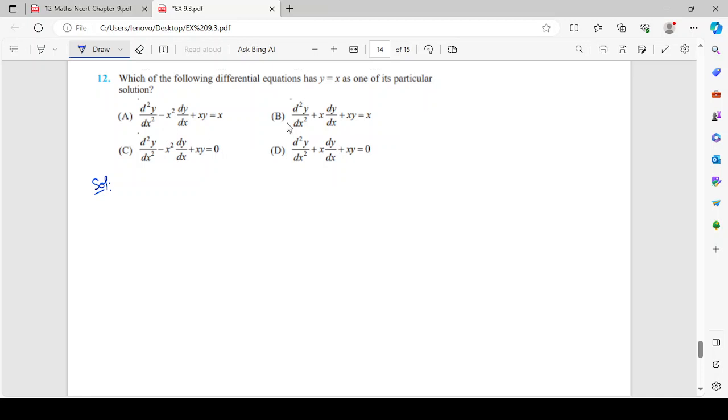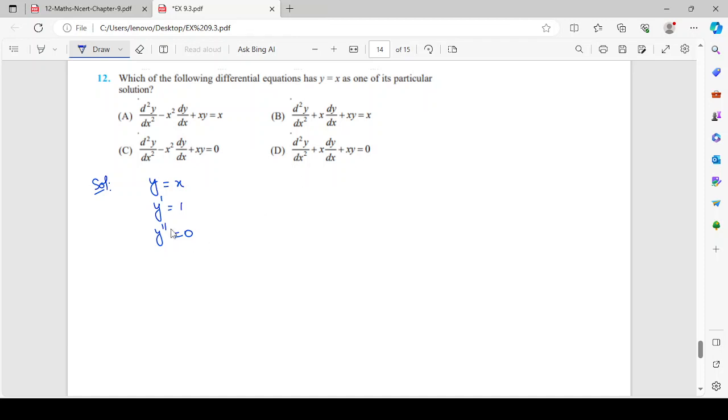Since in all the options, y double dash is present, d square y by dx square, for the given curve, find the differentiation twice. So y dash is 1, y double dash is 0. Now these three you substitute in each and every equation, whichever is satisfying LHS equal to RHS, that will be the differential equation.